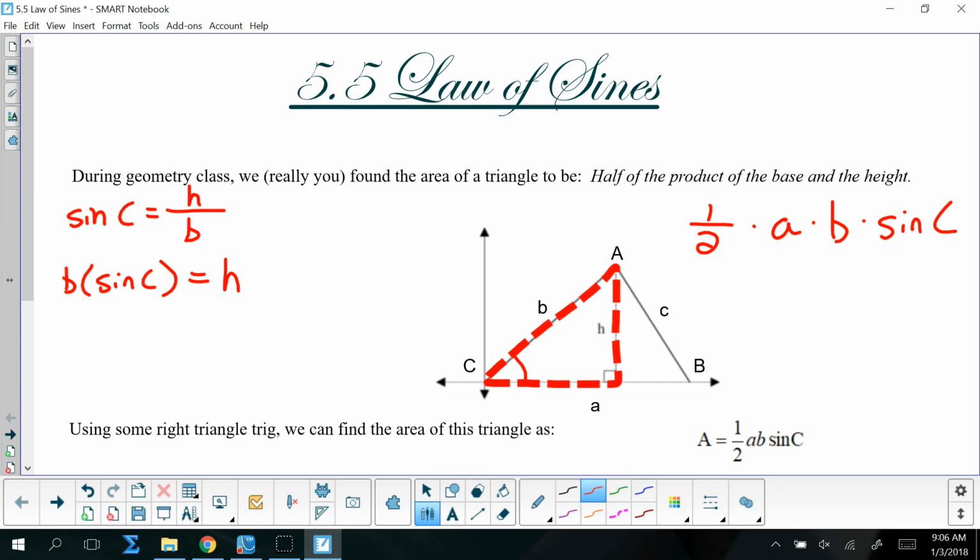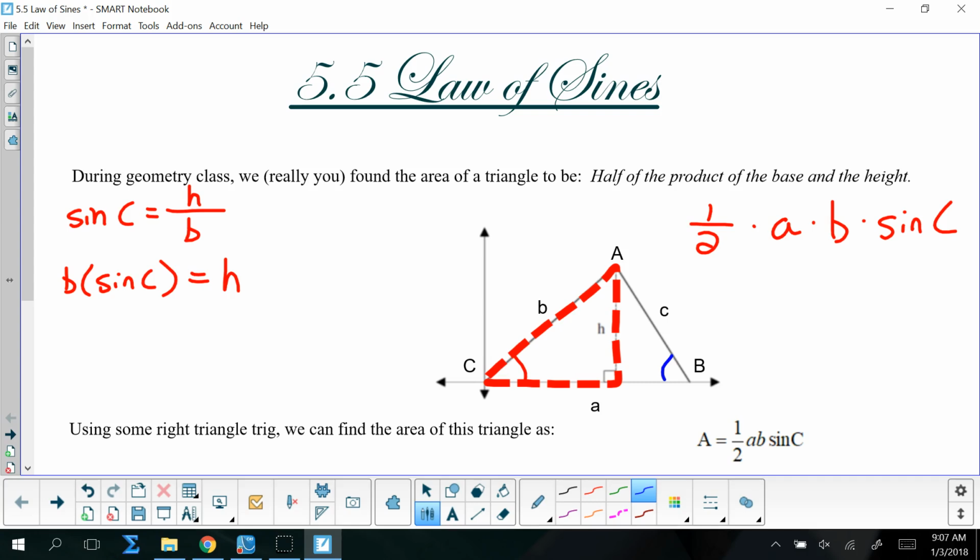Right? But what if I don't like angle C? If I don't like angle C, well, then we can go to angle B. Right? Same process, except now the height is going to be side C times the sine of angle B. The base is still A. 1/2 is still 1/2.